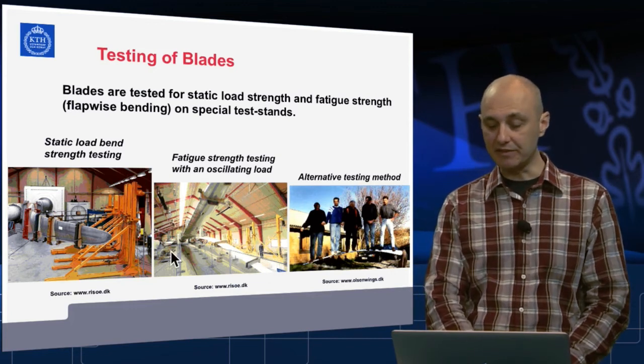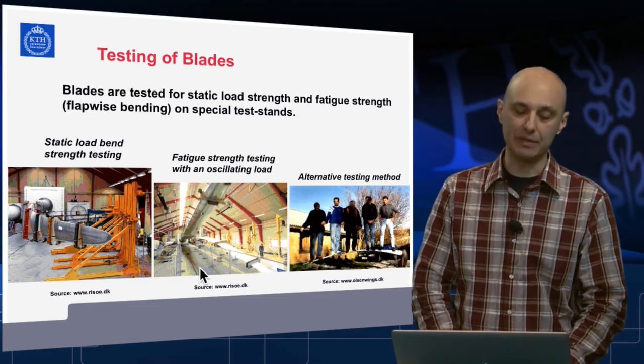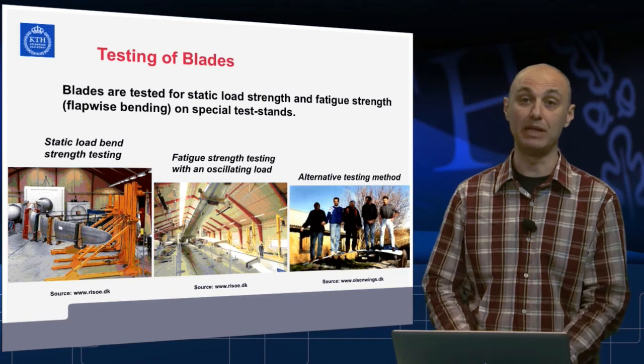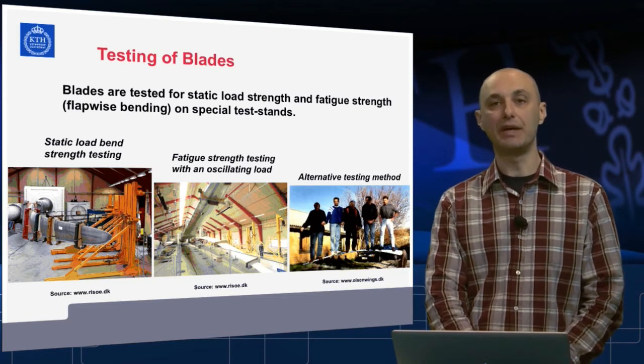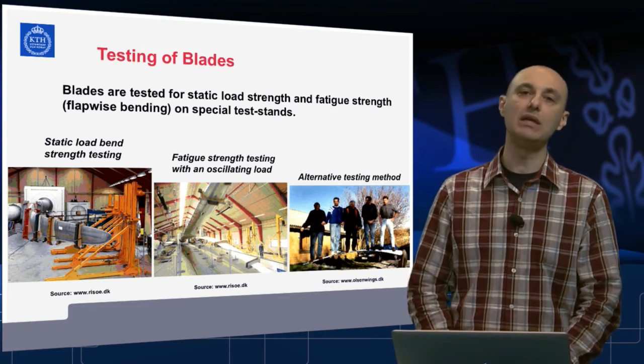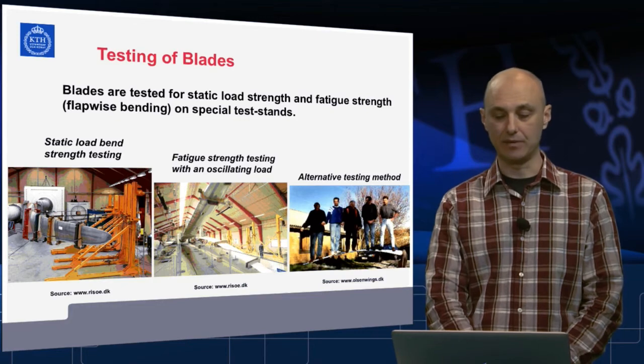It is a bit difficult to represent exactly the same loading in lab conditions. You would need to wait maybe 10 years until you flap the blade a million times, but it's very necessary to do. And some decisions can be made only after a month or so of fatigue load testing.